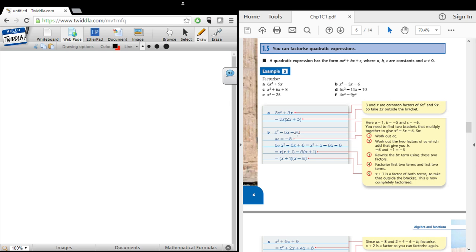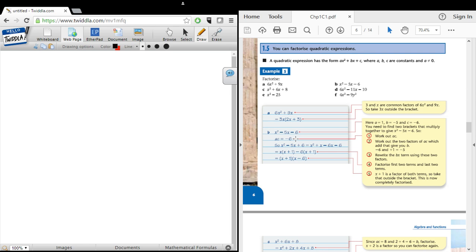So A times C is going to be minus 6, because A is 1 and C is minus 6. And then again we can ask ourselves what two numbers are also going to give us minus 5. Well, if we look here we can see that those two numbers are in fact minus 6 and plus 1. So again, this is just trial and error.